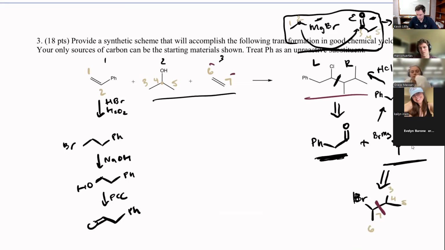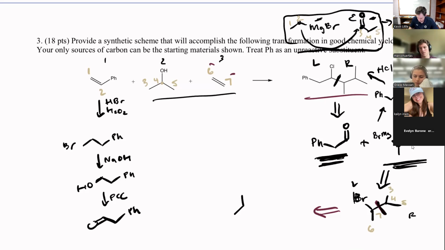Where's the heteroatom on either side of this bond? The left side. So that means my left side had to start out with a heteroatom to begin with. Is that my carbonyl side or my Grignard side?